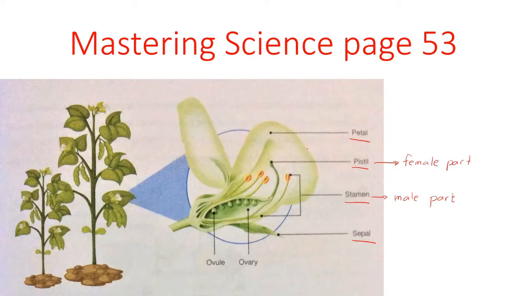Your pistil has three basic parts. This one is your stigma. This one is your style. And this one in the picture here is your ovary. And your stamen, this one is your anther.